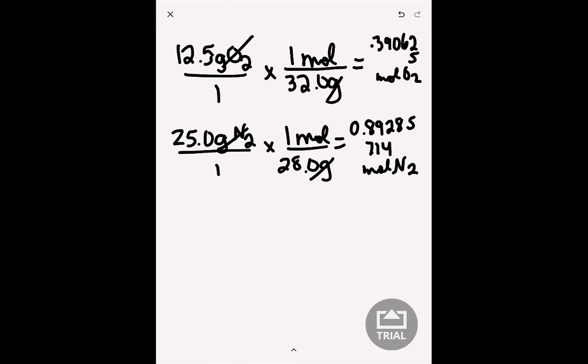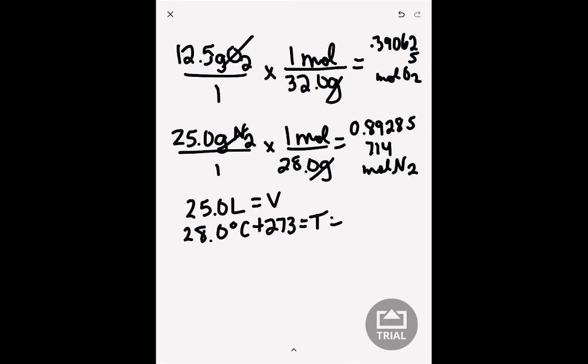We also have a 25 liter container, so you know that is a volume, 25.0 liters. 28 degrees Celsius, 28.0 degrees Celsius. We know we're going to have to convert that to Kelvin.